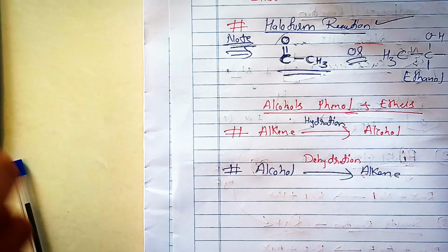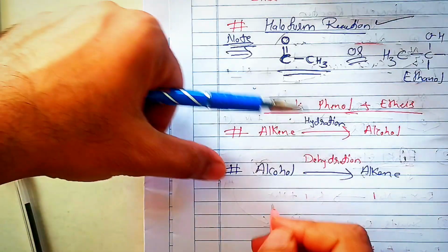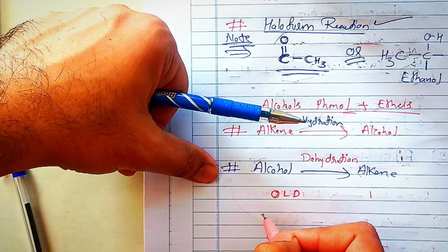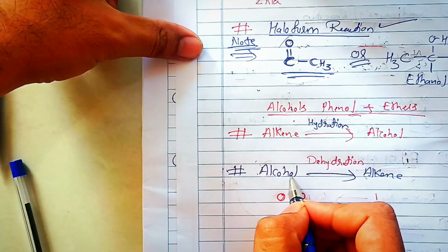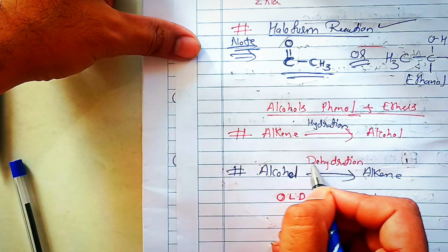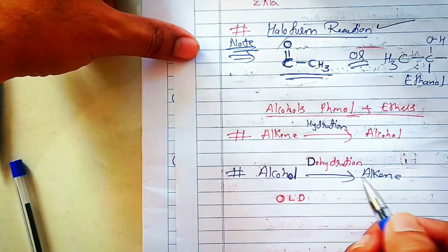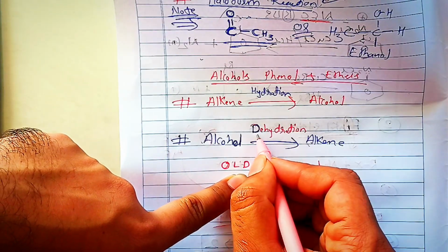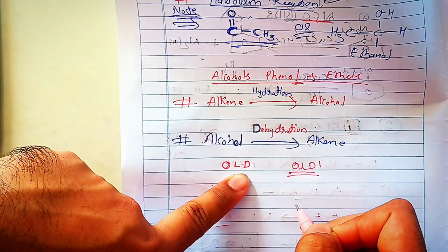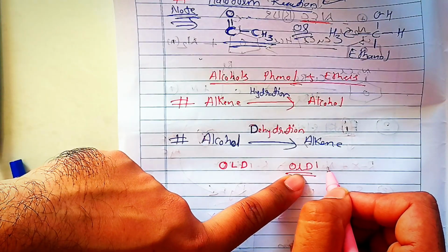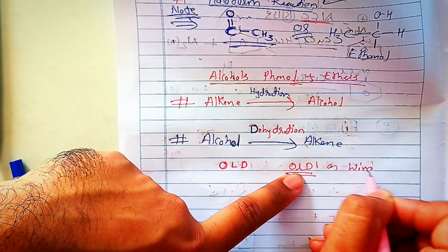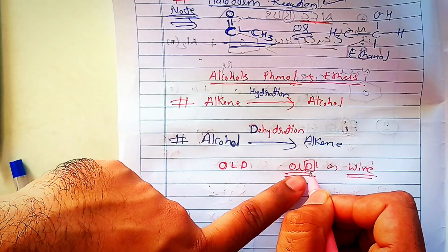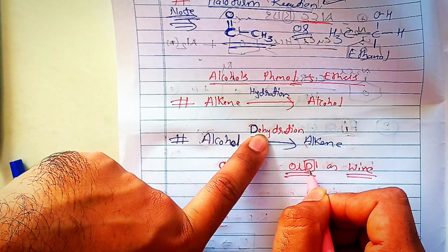Here I have one trick, like OLD, means old. Here the alcohol, the last OL, plus this D. Alcohol means OL group, and the last D will be old, old as wine. Here D reminds me of dehydration.